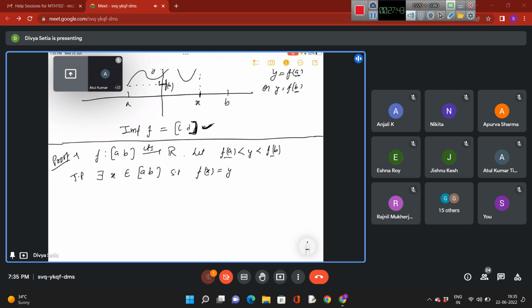So let's just start with S. Let's introduce a set S of all those points x of [a, b] such that f of x is less than y. We can construct such a set.